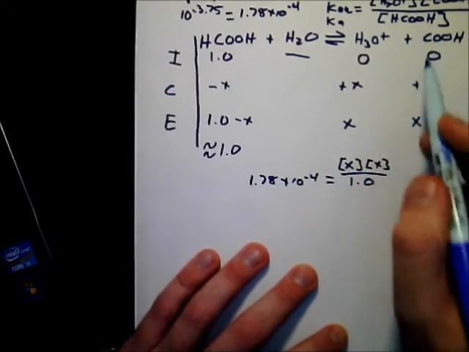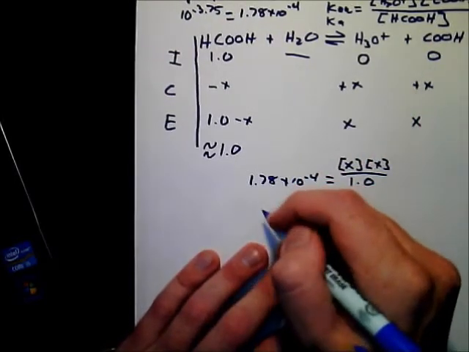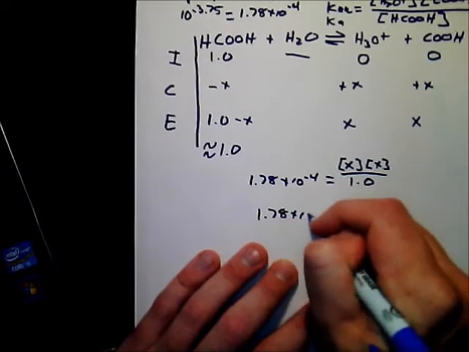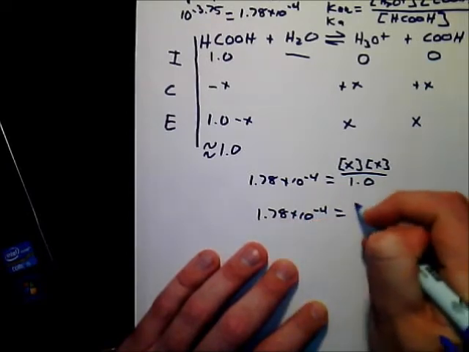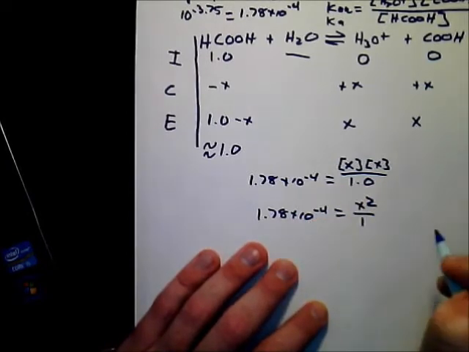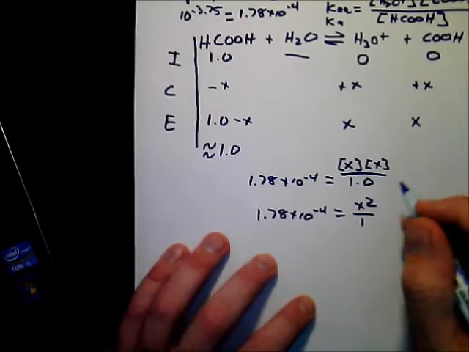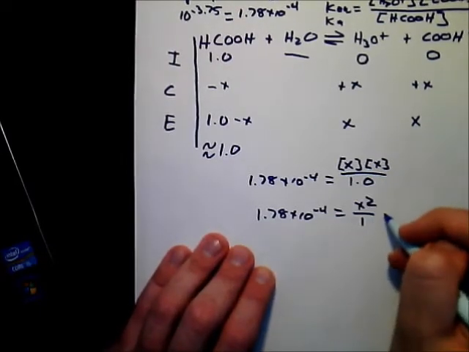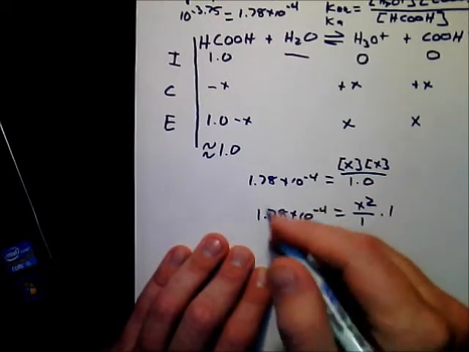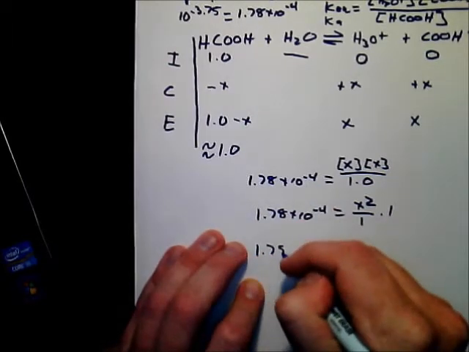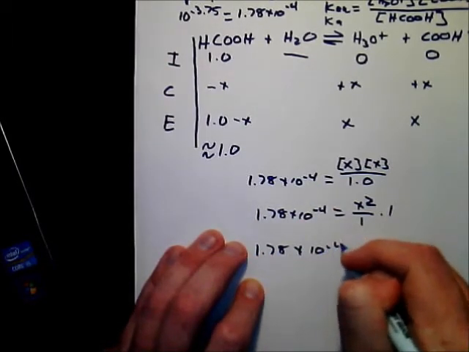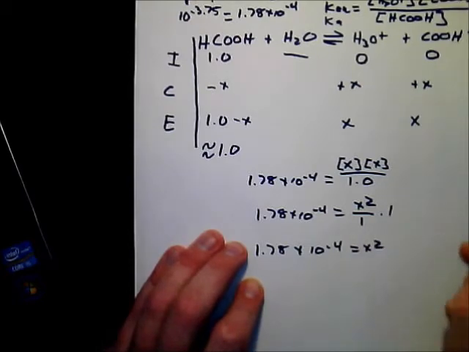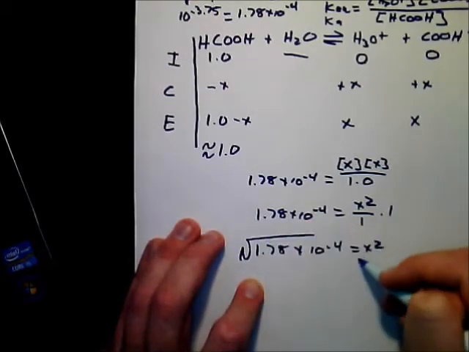My methanoic acid concentration goes in the bottom. So 1.78 times 10 to the negative 4 equals x squared over 1. The over 1 doesn't really do anything. Technically, I guess we could multiply both sides by 1, but we get 1.78 times 10 to the negative 4 equals x squared. Square root both sides.